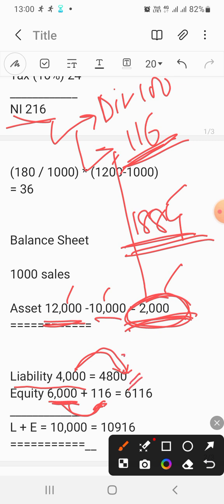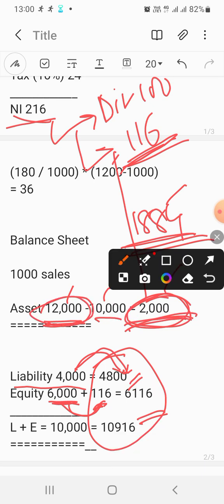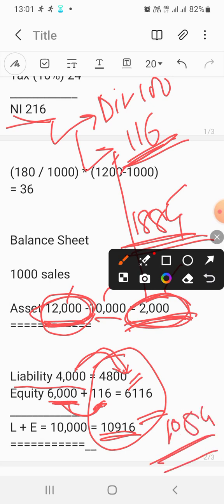That means my new liability and equity will be 10,916, and my required asset is 12,000. That means asset portion is 12,000, but liability and equity is 10,916. What is the difference? 1084. This difference is my external finance needed.